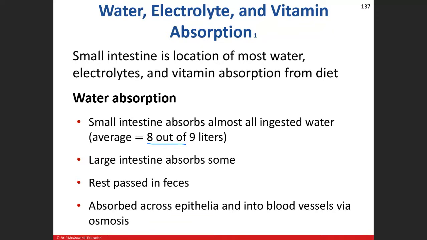The water will move into the blood circulation through osmosis, a passive process, regarding the movement of water from an area of high concentration to an area of low concentration through a semi-permeable membrane.